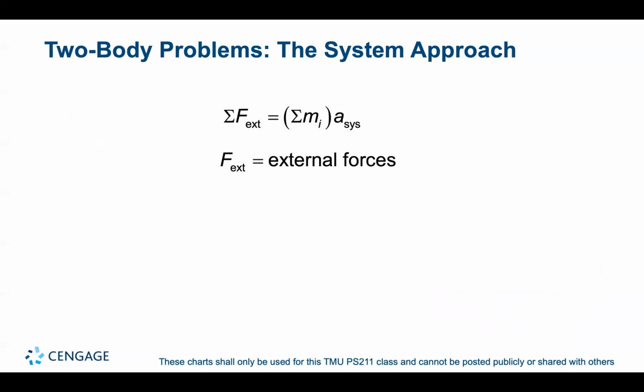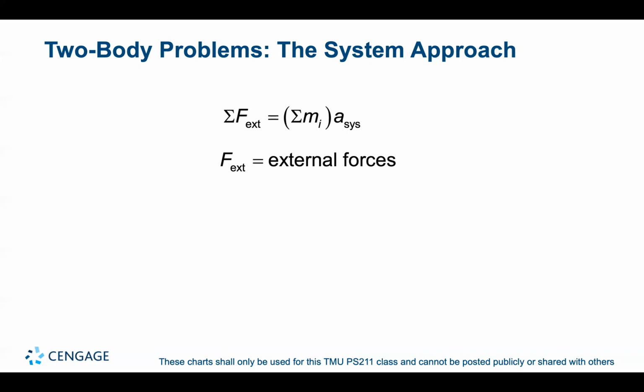So let's talk about the two body problem, the systems approach. You can also apply Newton's second law of motion to systems of objects. If two bodies are connected by an inextensible string, so that the bodies have a common acceleration, it's possible to use the system approach, which treats the bodies as a single object.